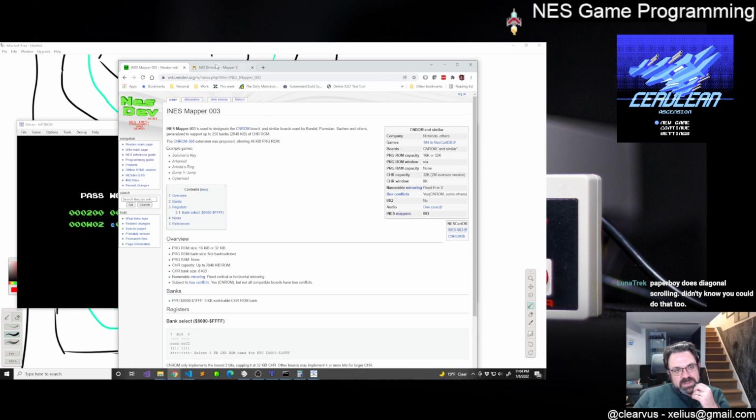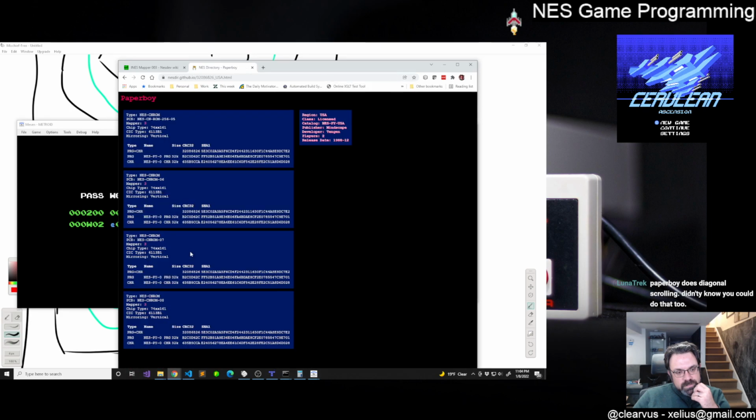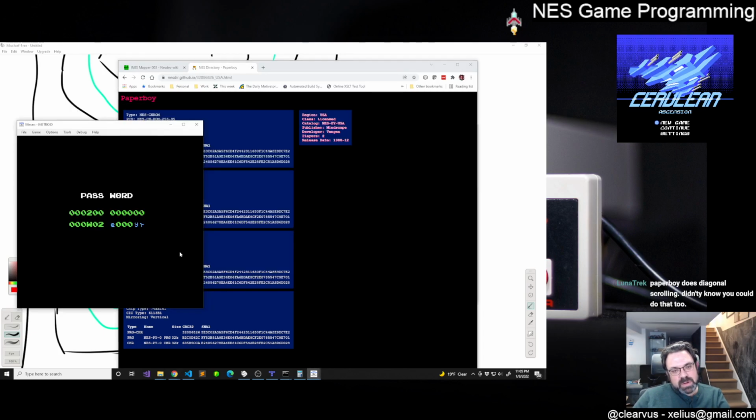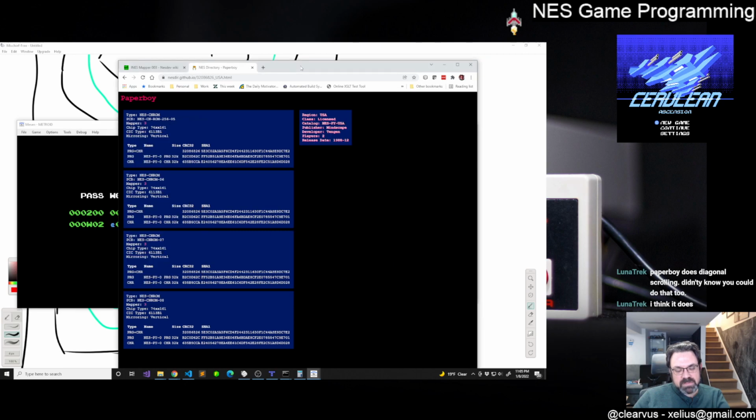I wonder if that's actually right. With vertical mirroring, maybe it has something to do with the way the name table is scrolling and the fact that it's vertically mirrored. They can do some sort of trick to update it, since it's also got that weird diagonal perspective.